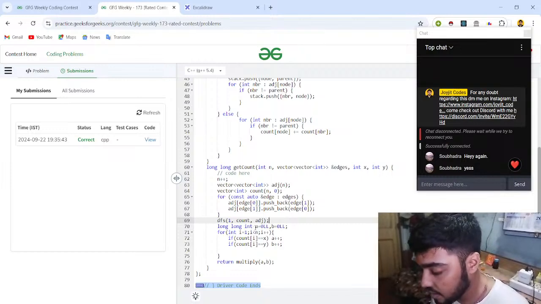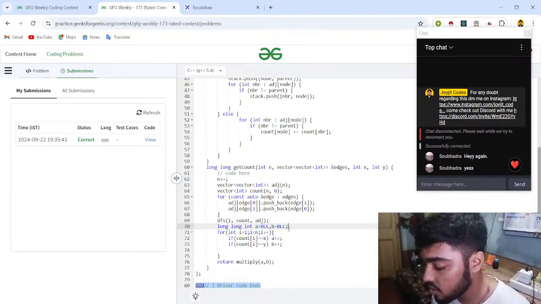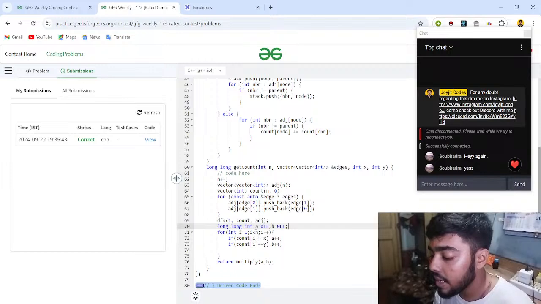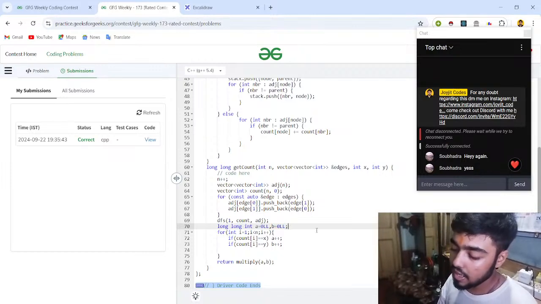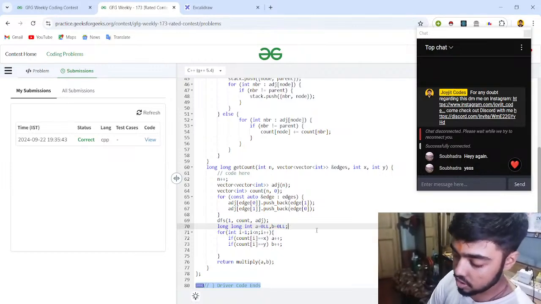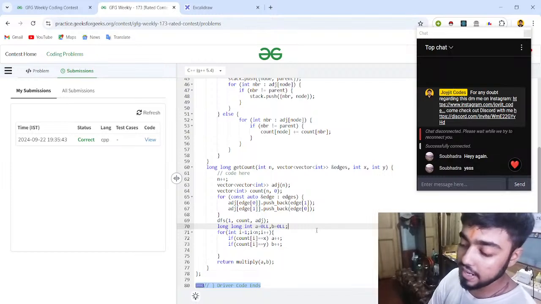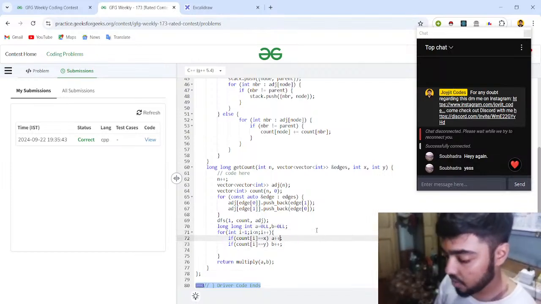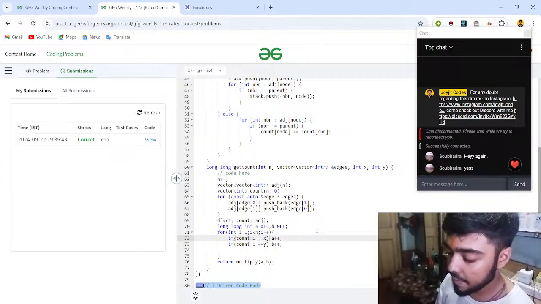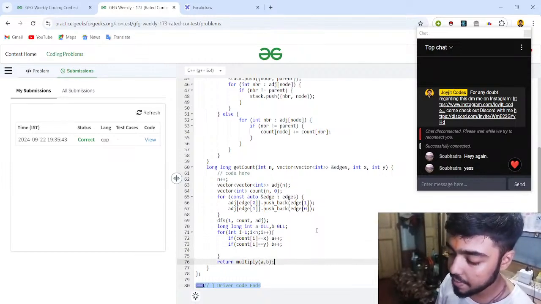Then we have a equal to 0 and b equal to 0, which is how many nodes are in group A and how many nodes are in group B. Group A means there are X number of nodes in the subtree, and group B means there are Y number of nodes in the subtree. Now if the count is equal to X, we make A plus plus, and if it is equal to Y, we make B plus plus, and finally we multiply A and B.